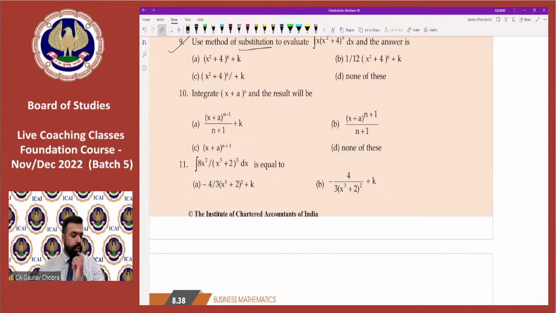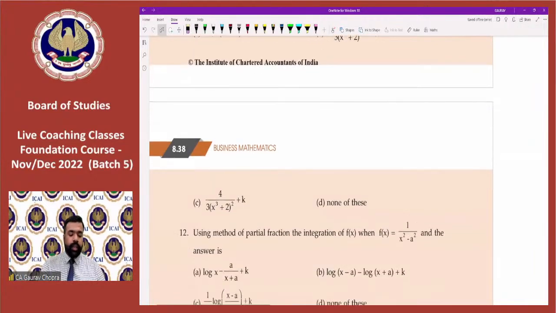Let's see who gives the answers for question number 10. So here again you have to apply the shortcut. Yes, Lakshmi, Bhumika, A option, Divya, A option. Yes, option number A is perfect.